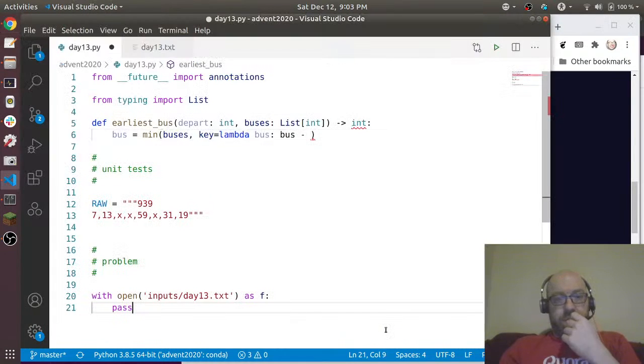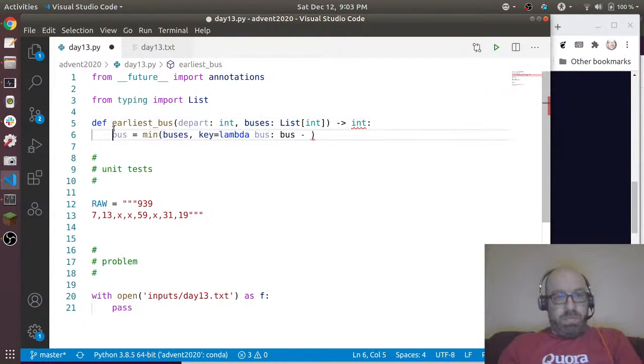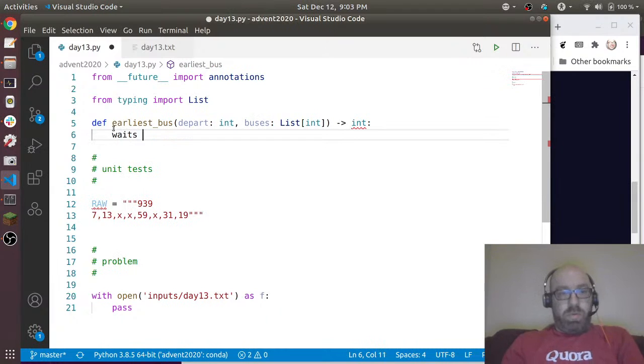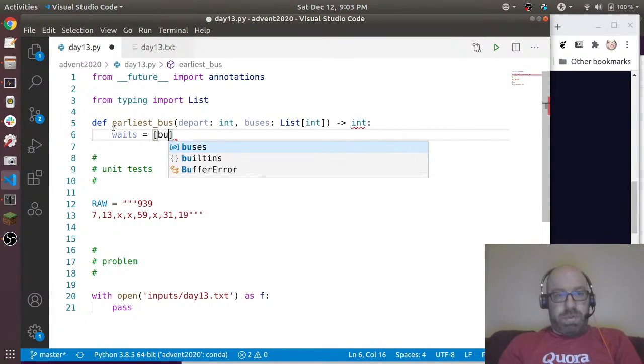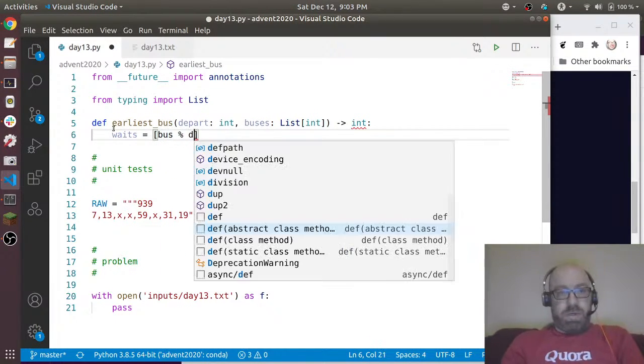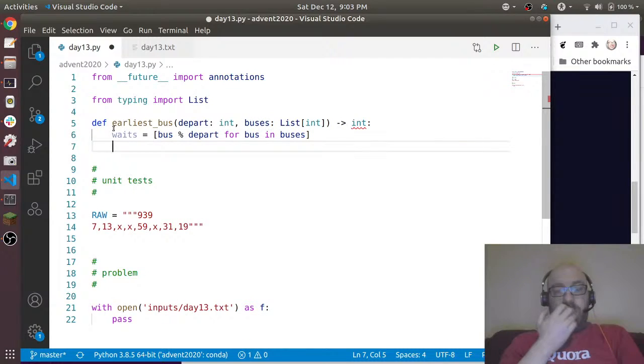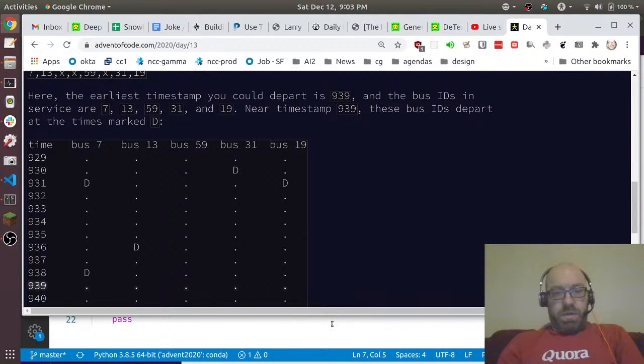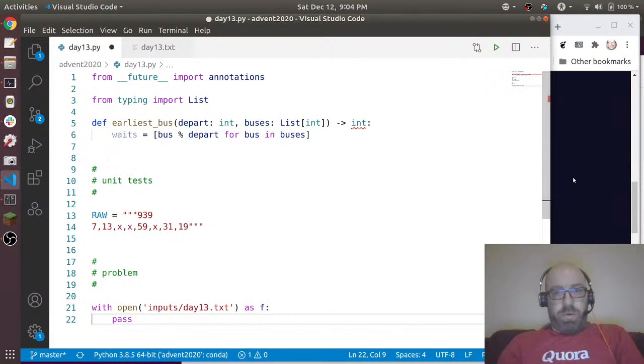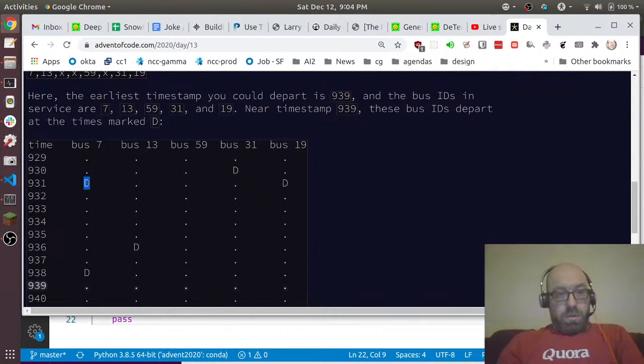Or let me do it this way. Weight equals bus mod depart for bus in buses. Okay. Oh, I'm tired.